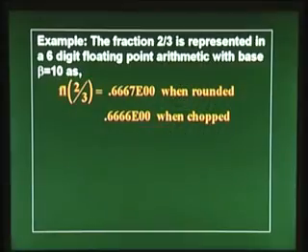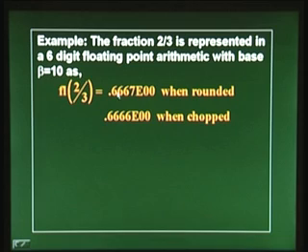For example, let's take 2 by 3. That's a rational number. 2 by 3 is given to you, and you are asked to do it in 6-digit floating point arithmetic with base 10, let's say. Then how do you represent that? You have 6 digits total. So I use 4 digits for the mantissa and 2 digits for the exponent. Then how do I represent it?